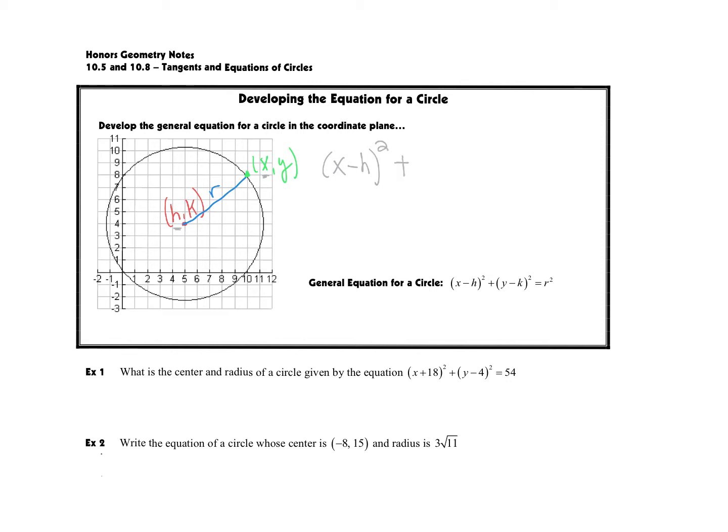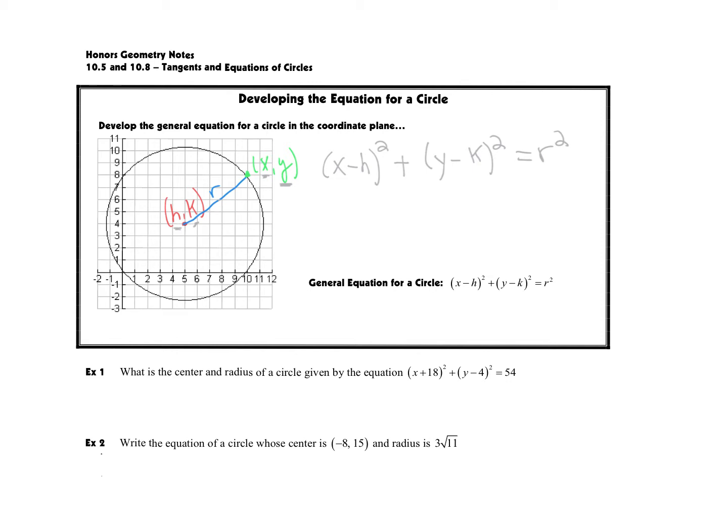In addition, we take the difference in the y value of the point on the circle and the y value of the center, y minus k squared, and that equals our radius squared.